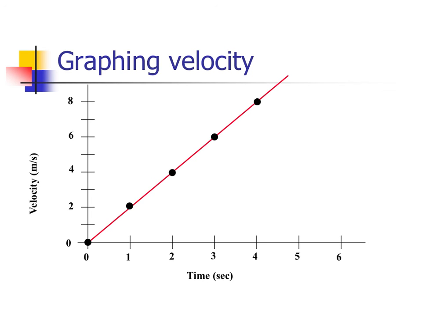Now, bringing back the idea of that previous slide, the average velocity of the object as it goes down the ramp, does it happen at the beginning, right in the middle, or at the end? Is it going to hit its average velocity right in the middle, which a lot of students are going to think?